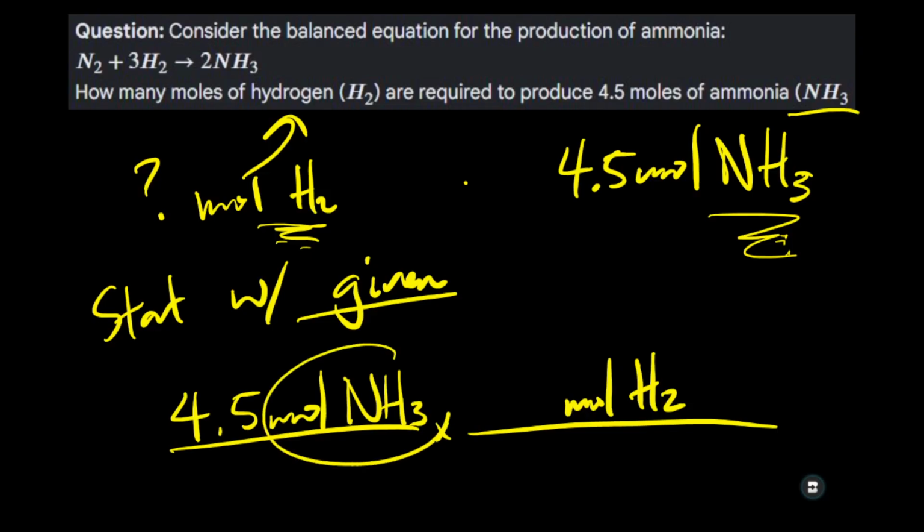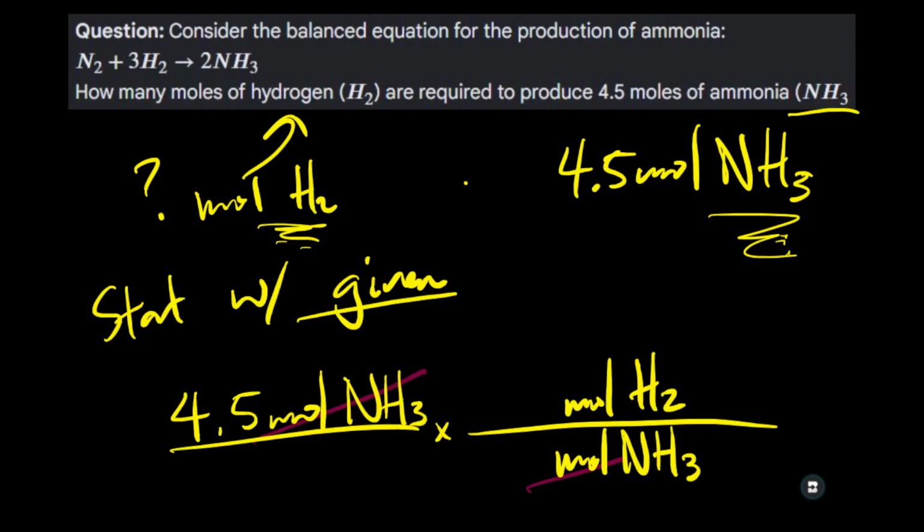We're gonna bring mole NH3 down here, because we have to cancel it out. And the reason why we do this is so later at the calculations, all the NH3 will be able to cancel each other out like that.